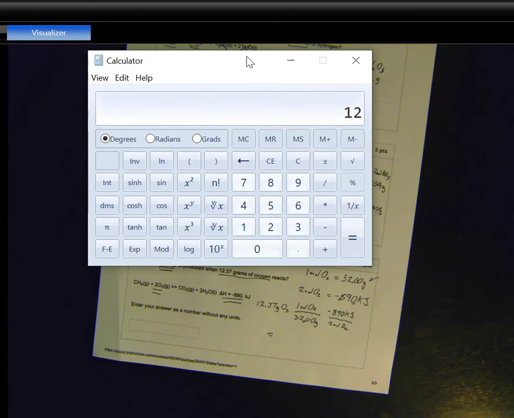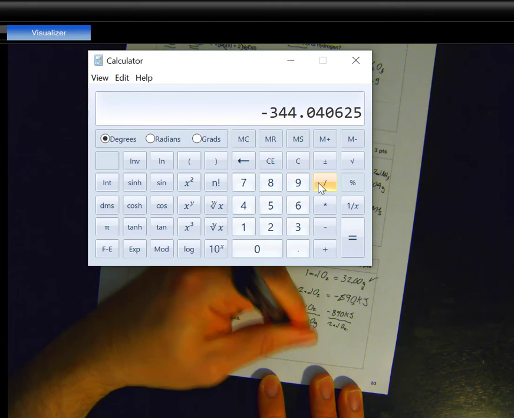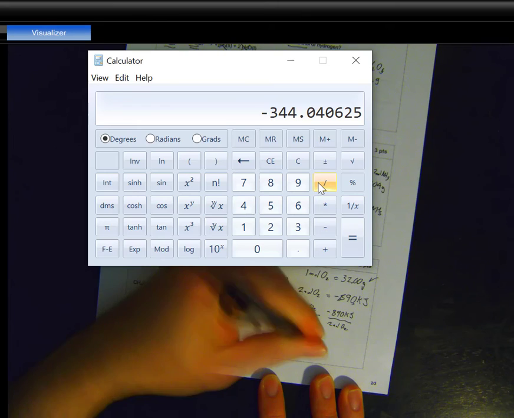So we have 12.37. I'm going to multiply everything across the top times 890 and then the negative sign. So we multiplied across the top and then we divide across the bottom. Divide by 32. So our answer is negative 344 kilojoules.